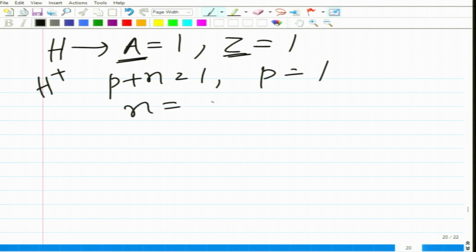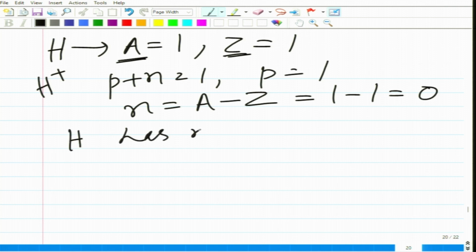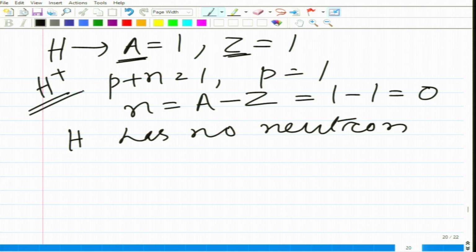Therefore, number of neutrons equals mass number minus atomic number. So, 1 minus 1 equals 0. Therefore, hydrogen has no neutron. That's why when we take one electron out from a hydrogen atom, it becomes a proton only.